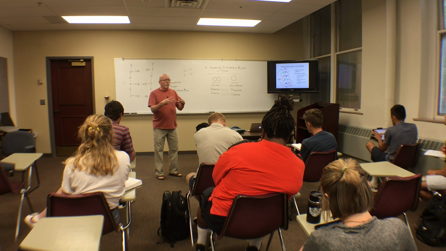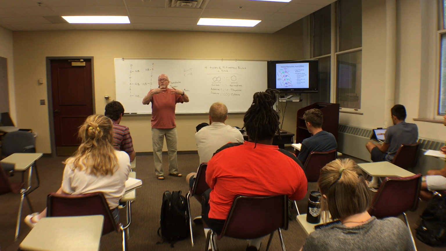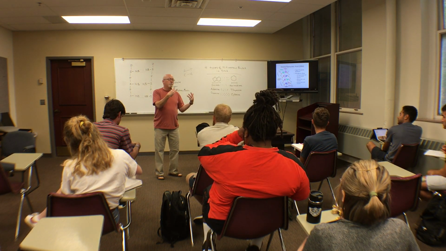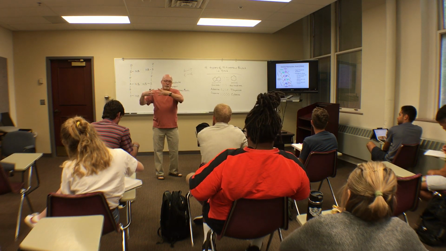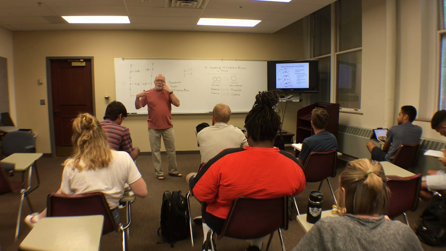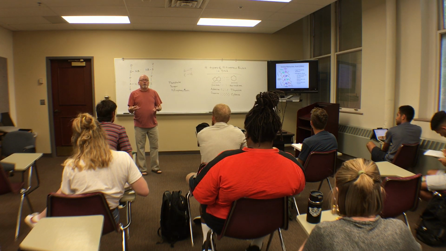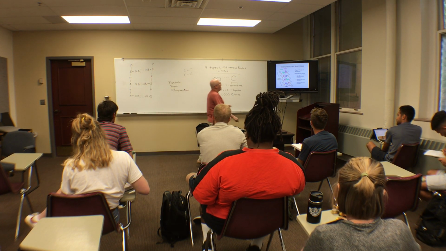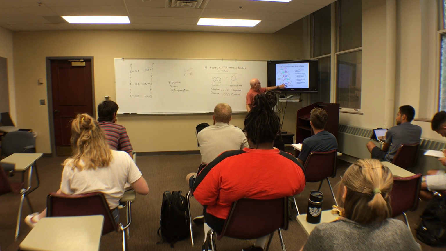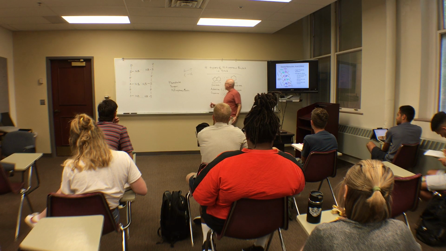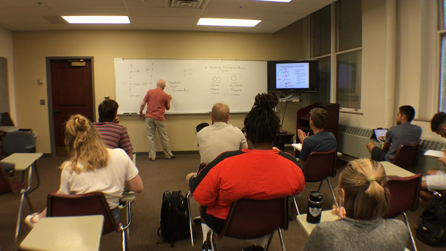Cytosine and guanine bond with one another because they have the same number of bonds that they can make with one another. So you're always going to have adenine connecting with thymine and cytosine connecting with guanine. And this way, DNA kind of structures itself. If you know half of a DNA molecule, you can infer what the other half of the DNA molecule is because of complementary base pairing.